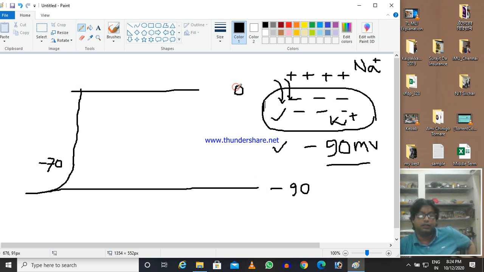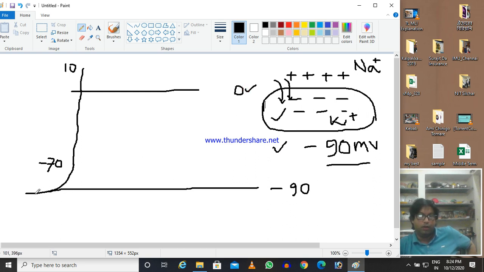This is the 0 line, 0 millivolt, and further it will reach positive 10 millivolt. Once positive 10 millivolt is reached, at that time some potassium channels open. Now you see, when it is 0, that means the cell is neutral.